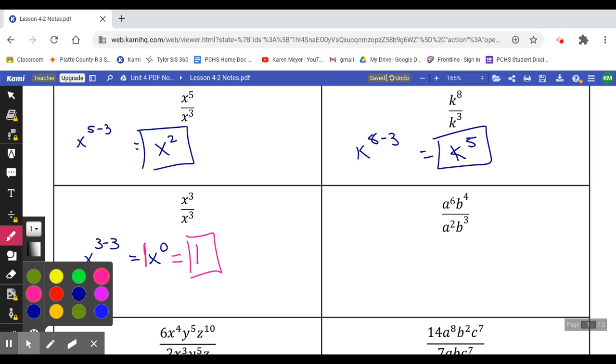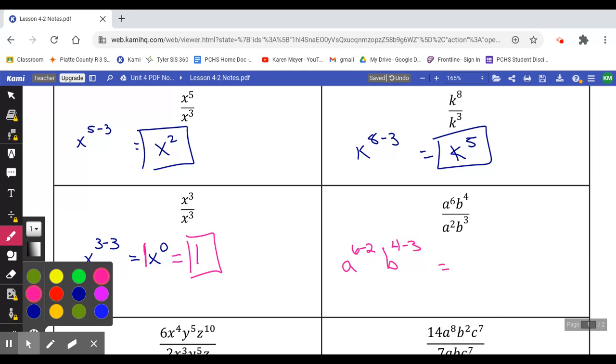Okay, next one. Now we're going to start putting more than one variable on the top and bottom. So problems like these, we're still just going to do a, and then we'll do b. So for a, I would do 6 minus 2. For b, I would do 4 minus 3.